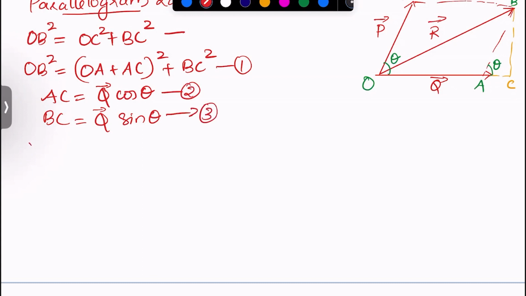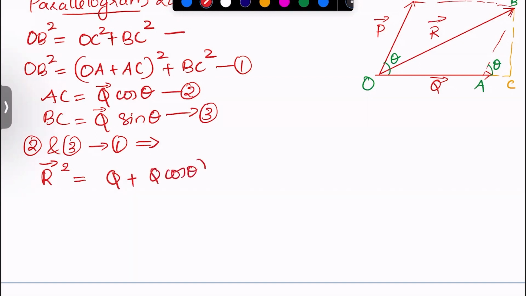So substituting equation 2 and equation 3 into equation 1, we get OB square, that is R square, equals OA is Q plus AC is Q cos theta, the whole square, plus BC is Q sin theta, the whole square.